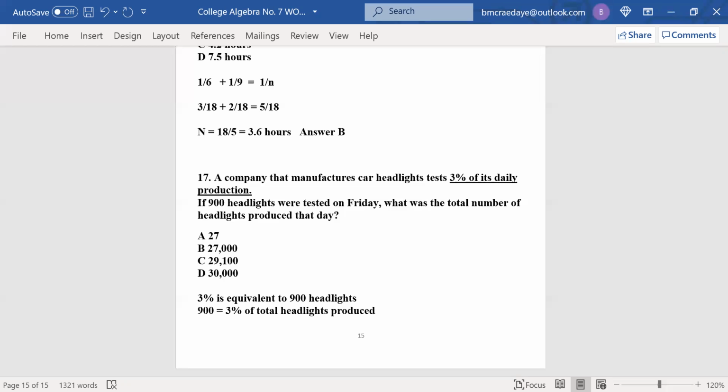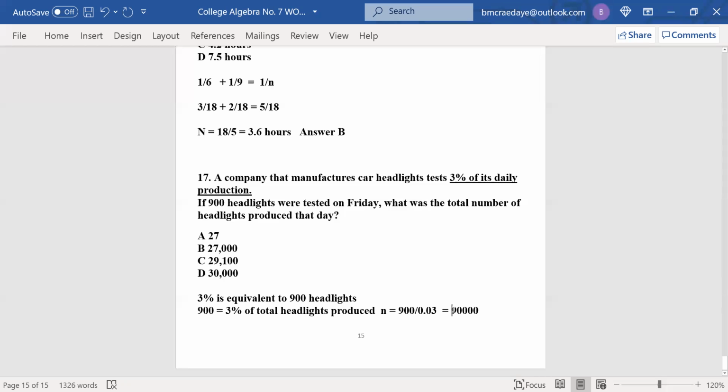So N is going to be 900 divided by 0.03. If you didn't want to deal with the decimals, you could say 90,000 divided by 3.